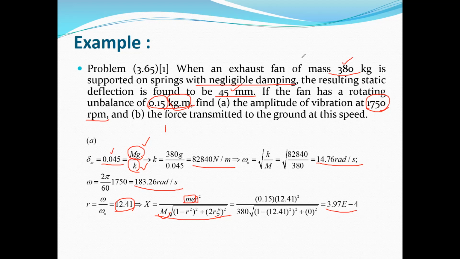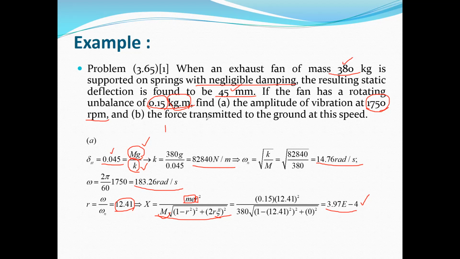So in the next section, we need to calculate the force transmitted to the ground at this speed. We calculated the displacement x, and we know that the force transmitted in rotating unbalance is equal to k times x plus c times x dot, where c is 0 because the damping is negligible.